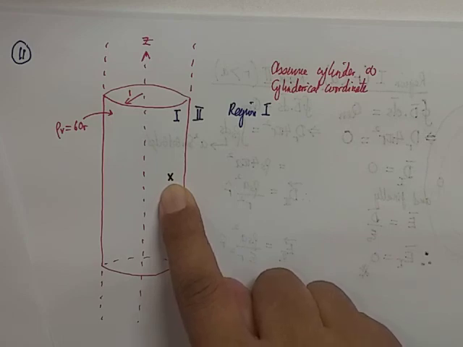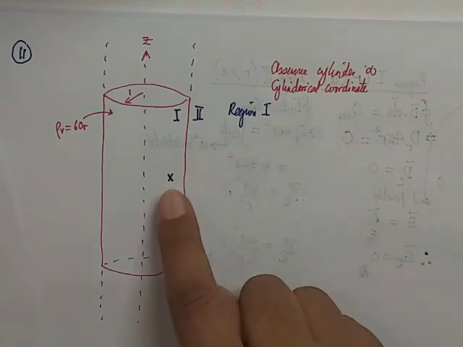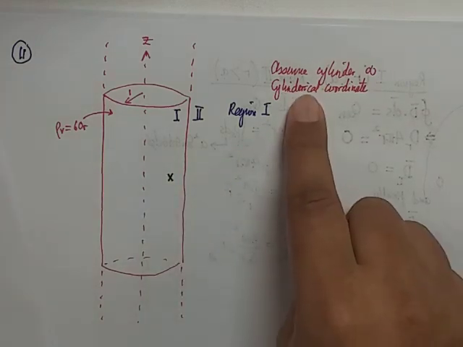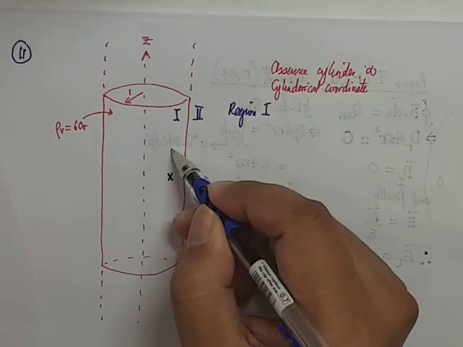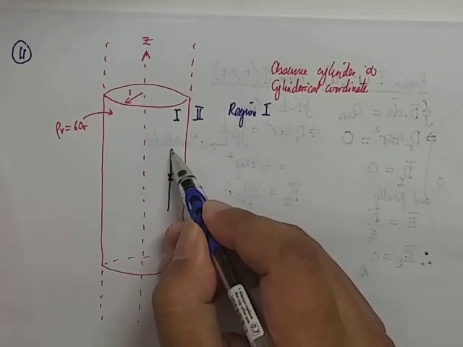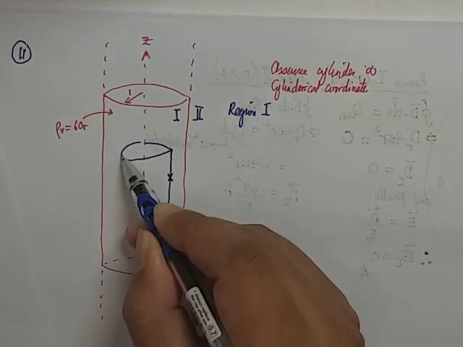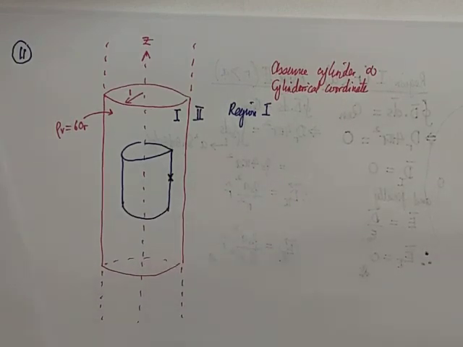In order to make it easy, and since we already adopted cylindrical as our coordinate system, I'm going to make my Gaussian profile a cylindrical structure. What I mean by that is I'm going to build a cylinder where, first, the surface passes through the point of D, and second, it is completely closed. That is my Gaussian profile structure for this problem.